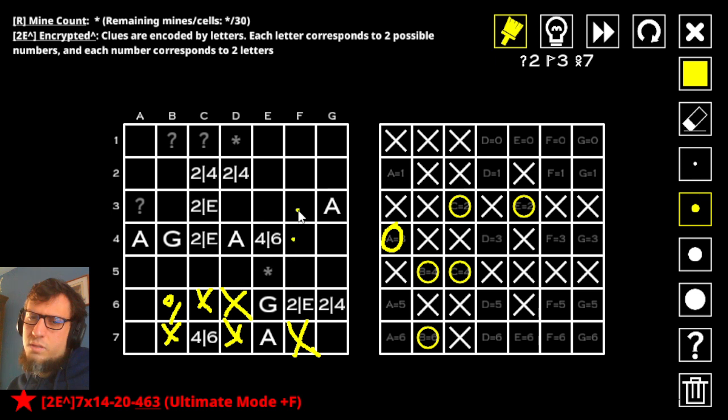Which kind of means, well, it doesn't necessarily mean that. Okay. But this A, it probably also needs 3 mines next to it. Because, well, it can't have 1. Because if it only had, well, actually it could. This A, okay, it's either 1 or 3. But G, okay.